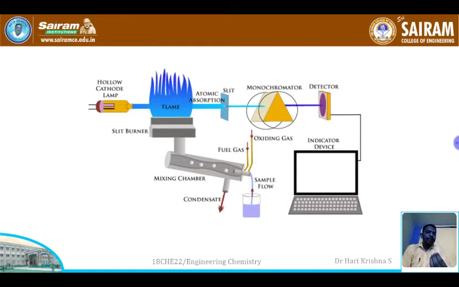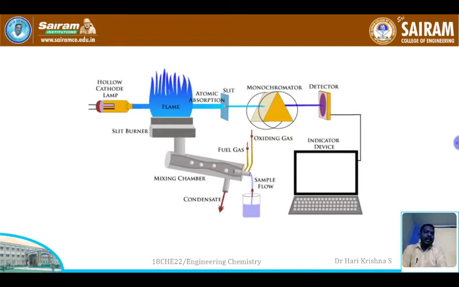For instance, let us consider 2 ppm copper. 2 ppm copper will absorb some amount of light, so that light will be gone. The resonance should match, the copper resonance and the light which you are passing should match. So that will be monochromatized there and it will be sent into the detector.